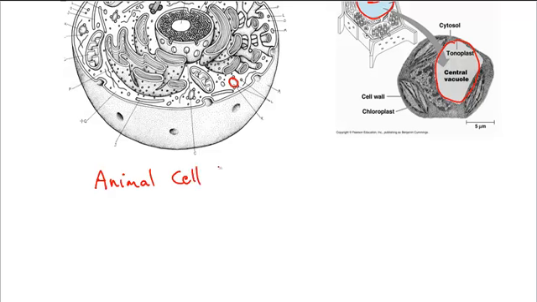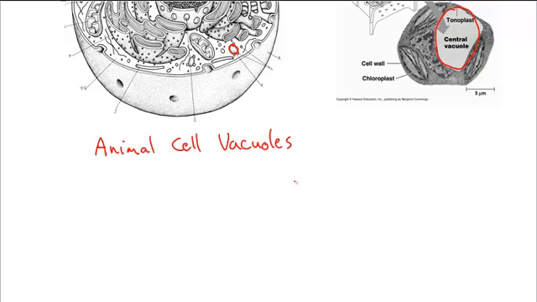But in an animal cell you might have several vacuoles, whereas in a plant cell you have fewer. So we're going to talk about their structure.